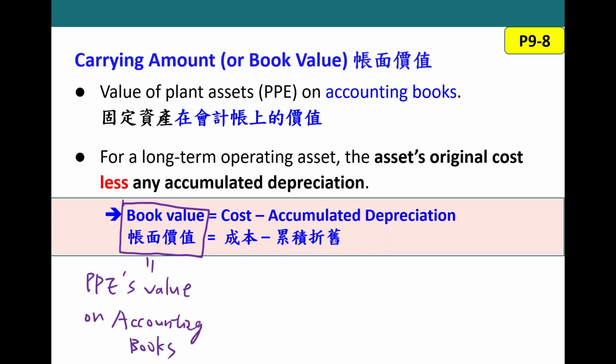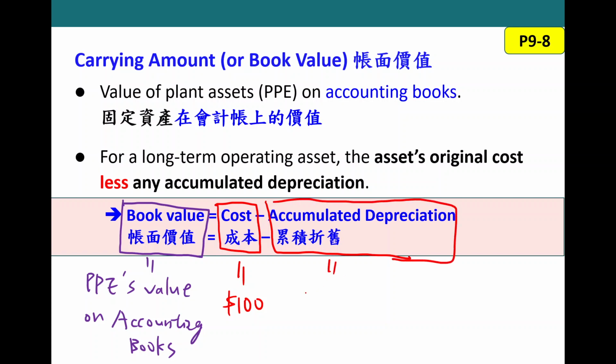Okay, so how to find out the $80? It depends on the cost. How much money did you spend to buy it? 100, right? Minus what? Accumulated depreciation, your total value decrease: 20.